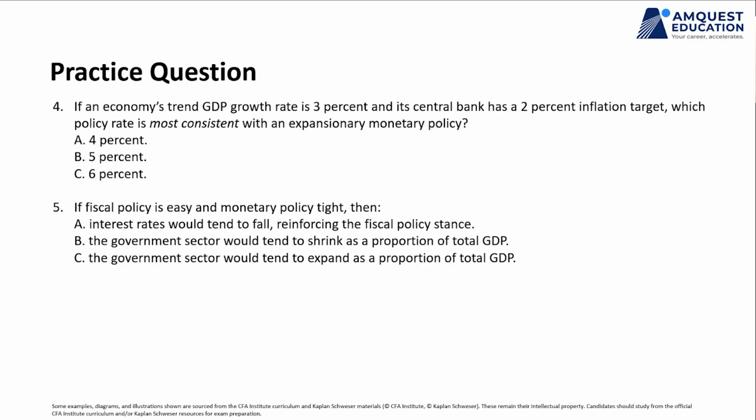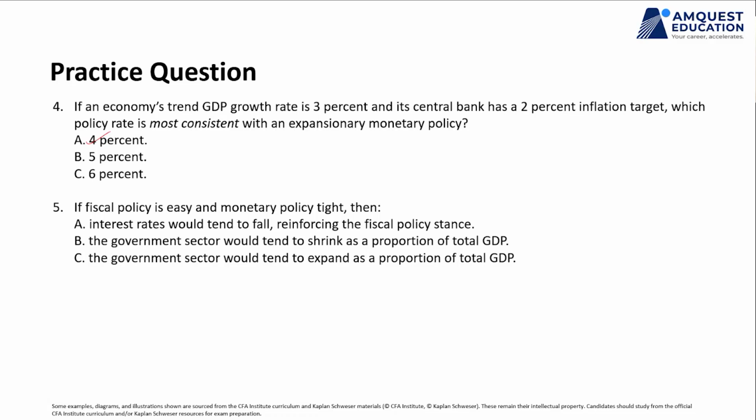The central bank has a 2% inflation target. So expansionary policy means the policy will have a rate that is slightly higher than the rate mentioned. So you have 3% and a 2% inflation target, right? So here you'll try to make sure that the rate is somewhere around 4%, based on the growth rate and the inflation target for that economy.